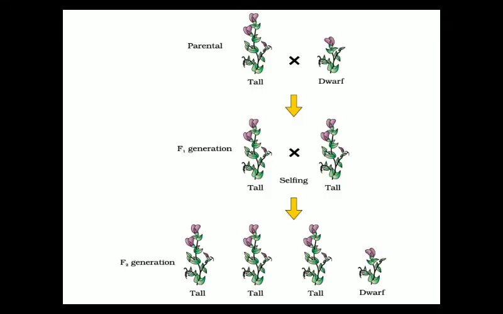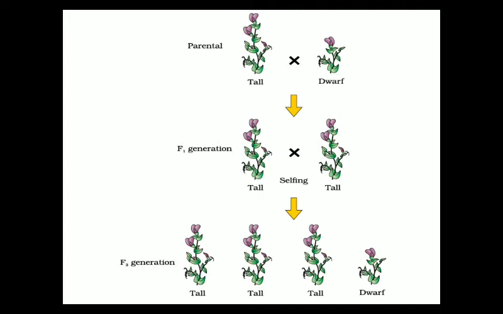When a pure tall plant, capital T, is crossed with a pure dwarf plant, small t, all the progeny in the F1 generation will be tall. None of the progeny will show the recessive trait, that is dwarf. None of the progeny will be small t.